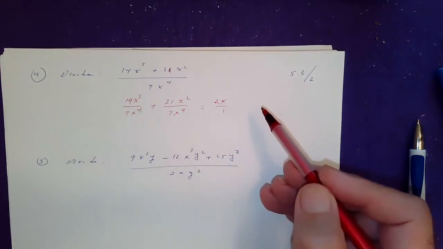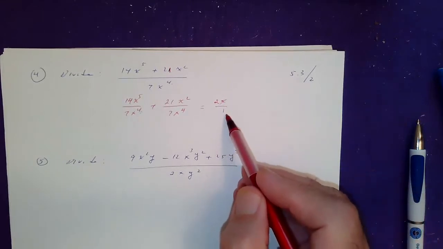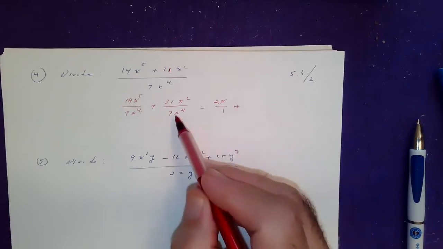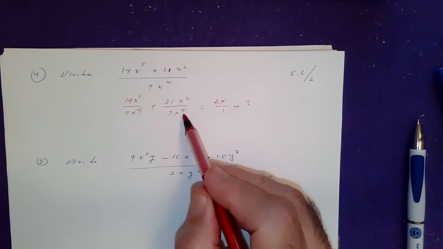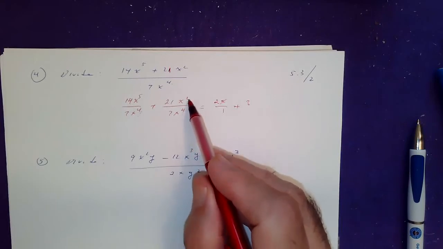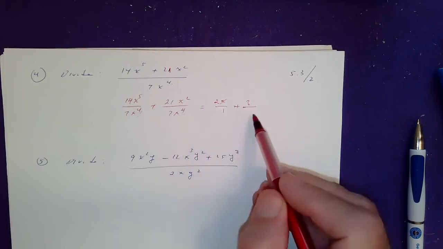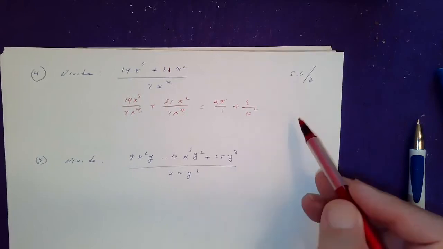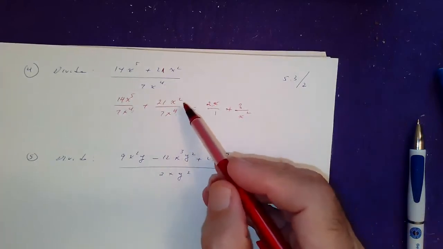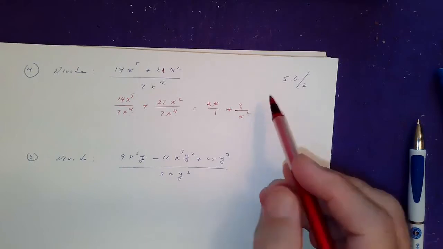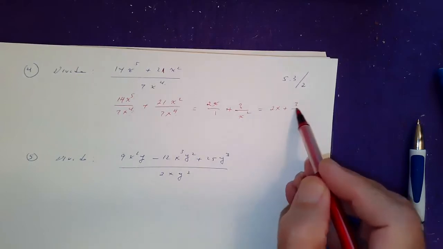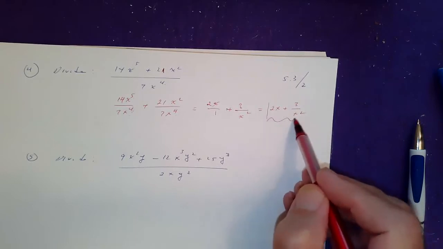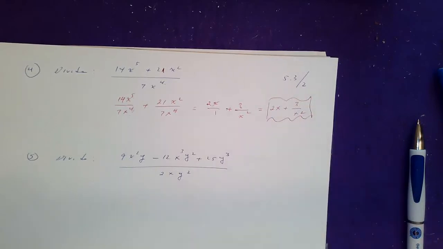Then there is nothing at the bottom, but that doesn't mean it's 0, it's just 1. 7 goes into 21 3 times, but the x at the bottom has a higher power than the x on top, so the answer is x squared at the bottom. That's like subtracting 2 from 4. So the final answer, you might write it as 2x plus 3 over x squared, and box the answer, correct?